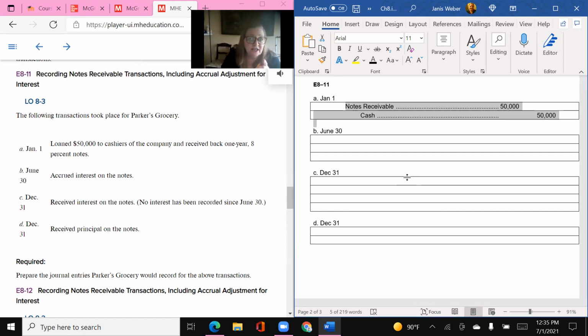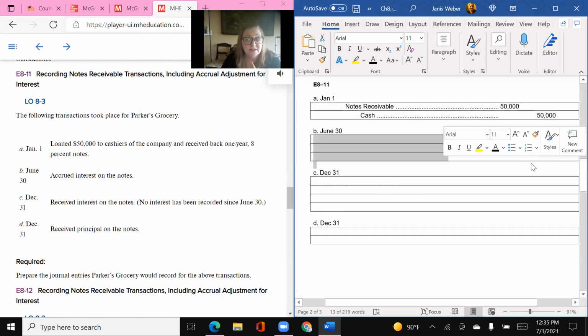So we have to calculate interest at that point. We take the $50,000 and multiply it times 8% because that's a full year's interest. Then we prorate it for the number of months that we're trying to accrue right now. So $50,000 times 8%, what is that? $4,000? Yeah. So $4,000 would be interest for a whole year, but this is only 6 months.